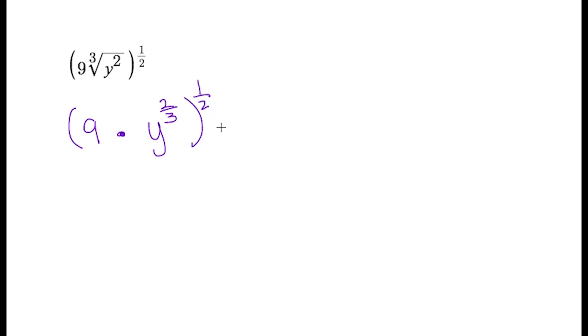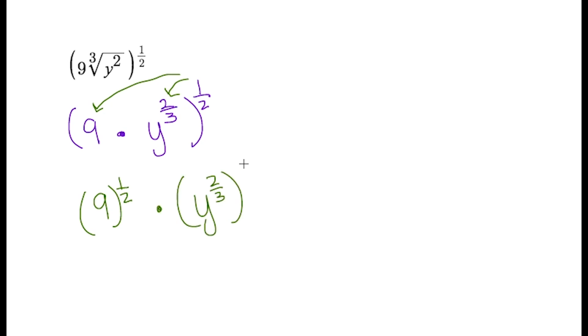This is to the power of 1/2. So remember, we have to distribute this exponent to both terms. 9 to the power of 1/2 times y to the 2/3 to the power of 1/2.